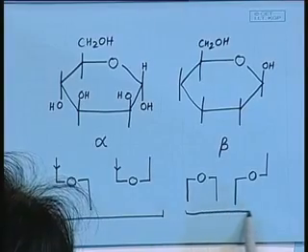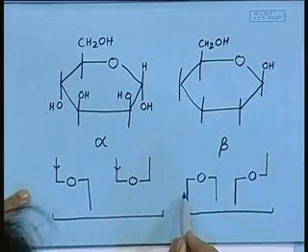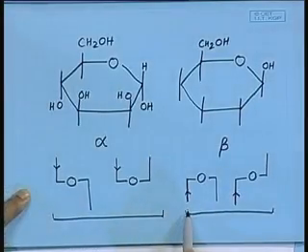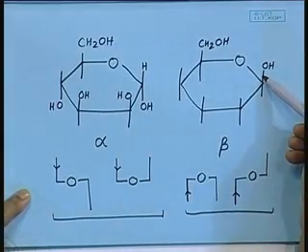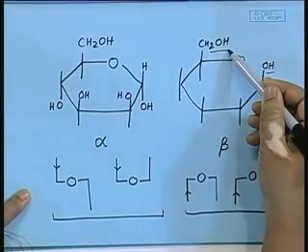Because if you remember, when we did lysozyme, we talked about beta 1,4 glycosidic linkages. What are these linkages? A beta linkage would look like this. In both cases, it would be up. Why? Because this is up. This is cis to the CH2OH.